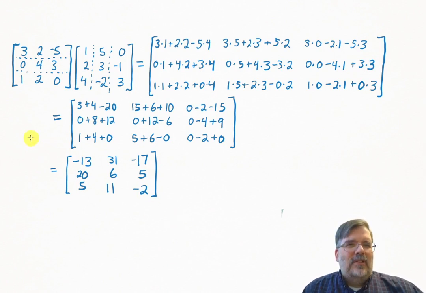This is about as large of a matrix multiplication as we're ever going to need to do in this course. Here we have a 3 by 3 matrix times another 3 by 3 matrix. Partition that first matrix into rows, partition the second matrix into columns, and then we've got a total of 9 dot products to calculate for those 9 entries, and the result is another 3 by 3 matrix.